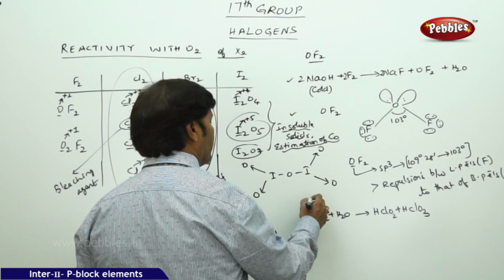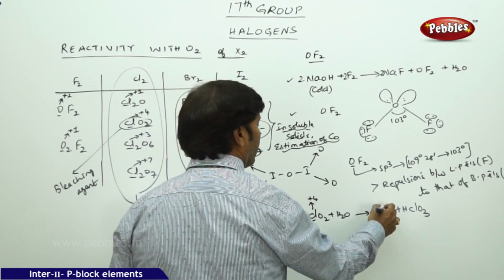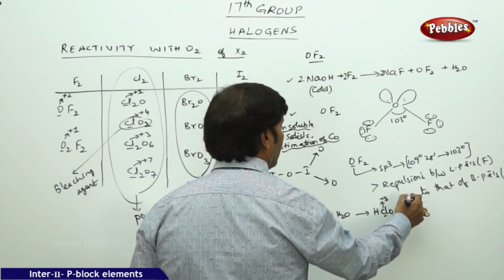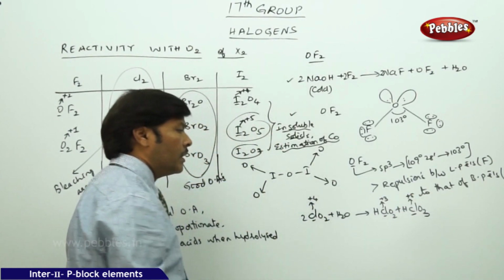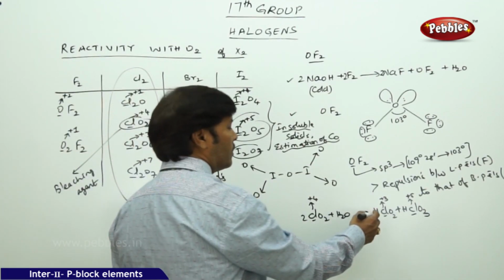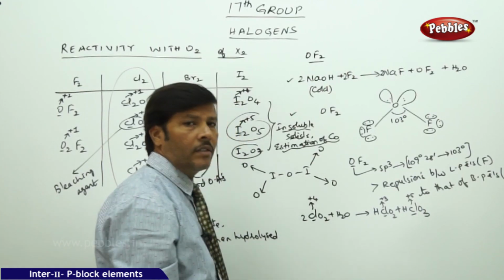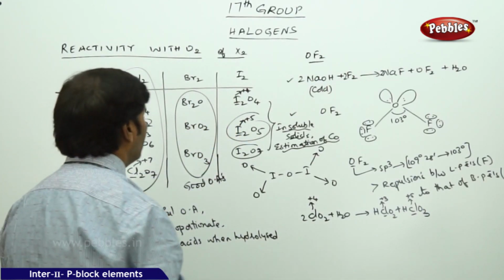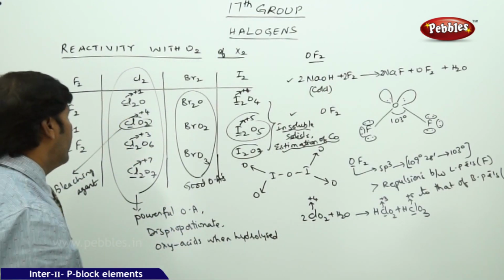Here chlorine is +4, and here the chlorine is +3, and here the chlorine is +5. That means it is trying to disproportionate, and it is trying to give 2 different types of oxyacids. One is chlorous acid and the other one is chloric acid, with different oxidation states, which are available for chlorine dioxide. That we have to keep in mind.